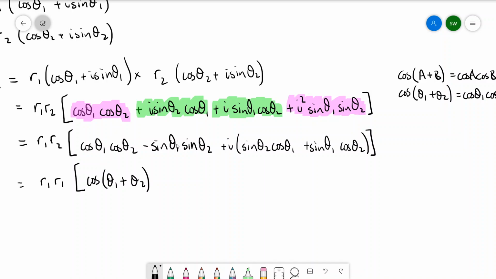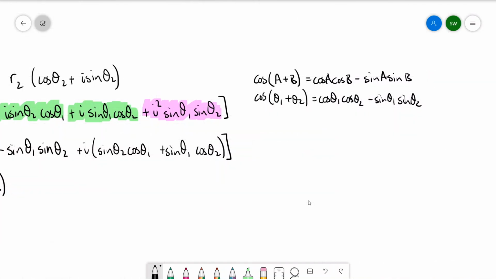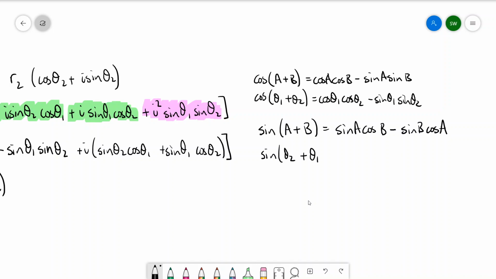Let's see if we can simplify this part inside this round bracket here. So we've got sine cos plus sine cos. Actually, that looks a lot like the formula for sine of A plus B, which we know is equal to sine A cos B plus sine B cos A. So here we've got A is theta 2 and B is theta 1.